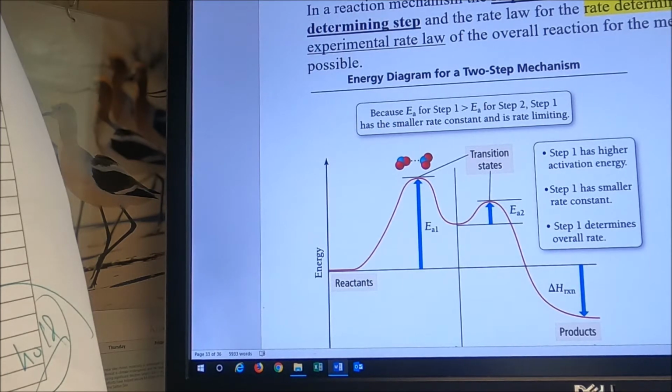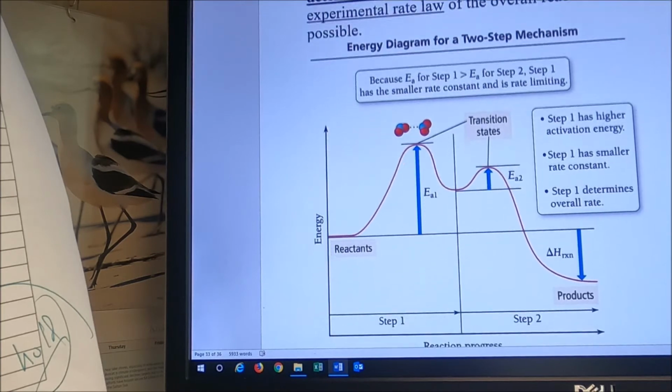And the rate law for the rate determining step must match the experimental rate law for the mechanisms to be considered possible. Okay, let me say that again. In a reaction mechanism, the slowest step is called the rate determining step. And the rate law for the rate determining step must match the experimental rate law for the overall reaction for the mechanism to be considered possible.